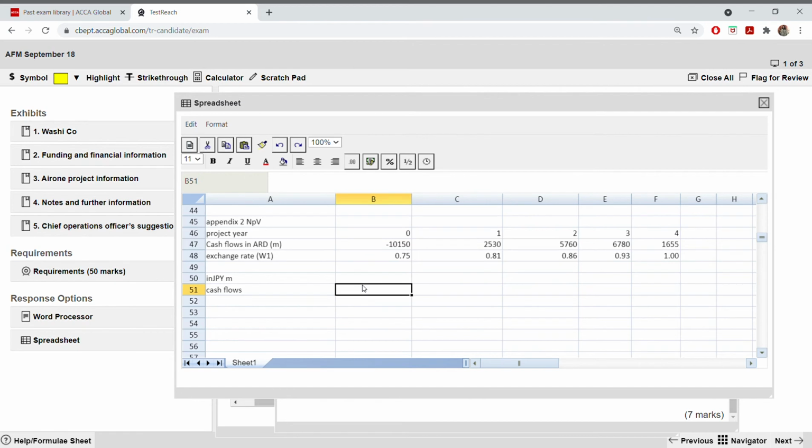How are you going to find the cash flows? Equal to this multiplied by this. I don't think it's multiplication. Wait a minute.